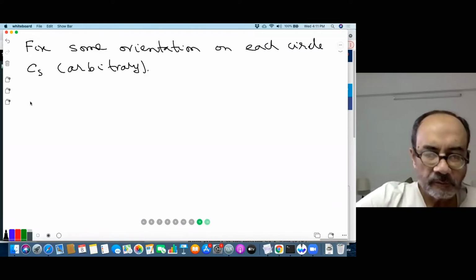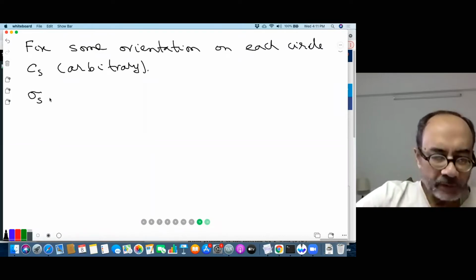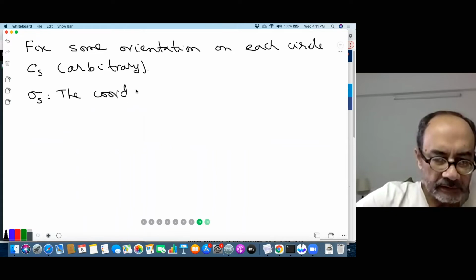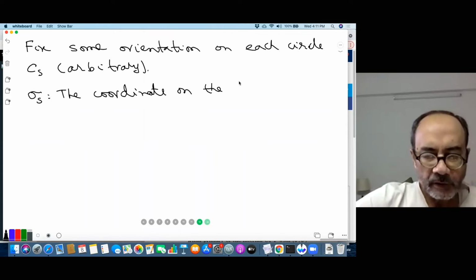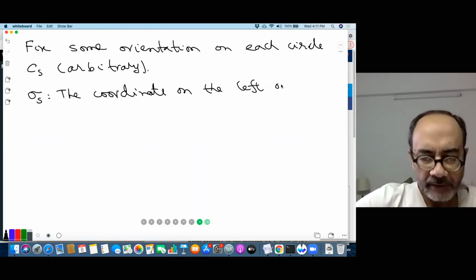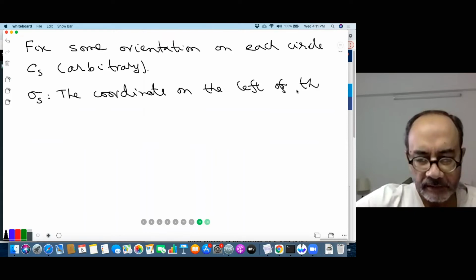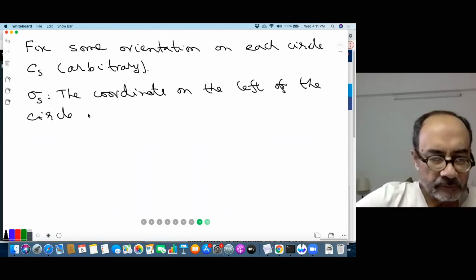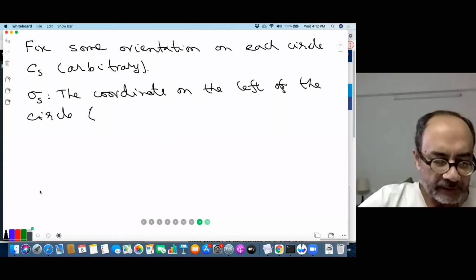So once you have fixed the orientation, we call sigma s the coordinate on the left of the circle. So sigma s will correspond to, sorry, maybe let me go back a little bit.